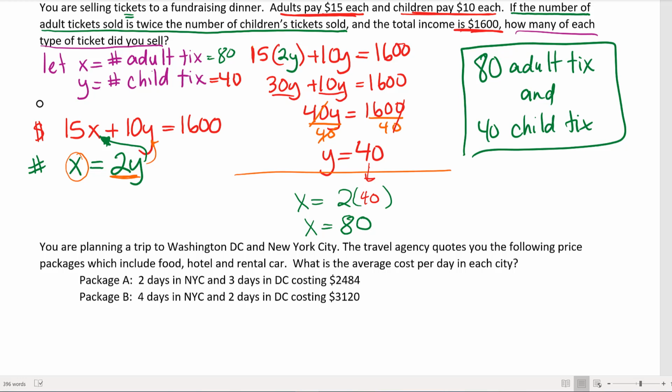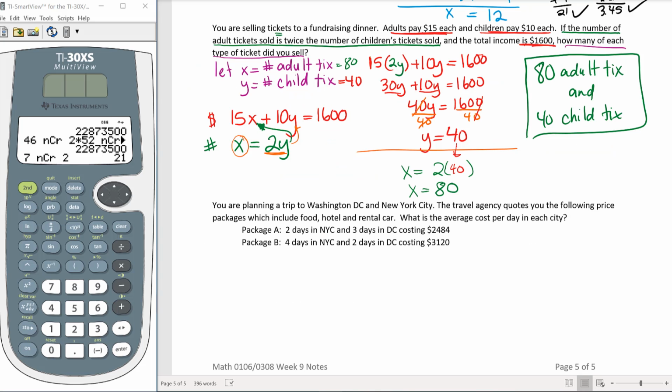In order to check, I could always go back and reread the whole problem. You are selling tickets to the fundraising dinner, okay. Adults pay 15. So if I have adults paying 15, let me get my calculator out. So if I take 80 times the $15 per ticket, so 80 times 15, that's 1,200, and I have 40 child tickets, but they only cost $10 each, so 40 times 10, that's going to be 400, and if I add those up, does that get me 1,600?